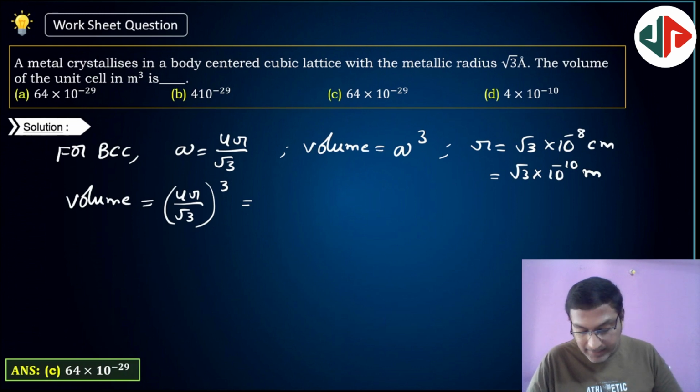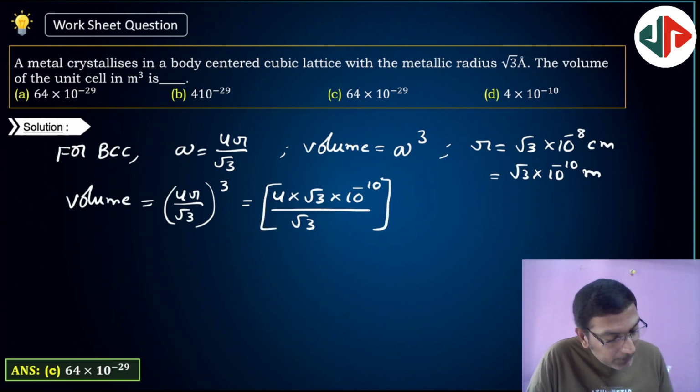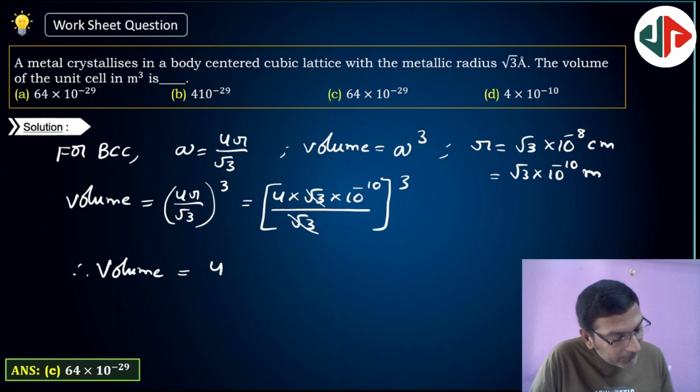So substitute these values. 4 into R value root 3 into 10 power minus 10, divided by root 3, whole cube. Therefore, volume equal to, root 3 gets cancelled, (4 into 10 power minus 10) whole cube, which is meter cube.